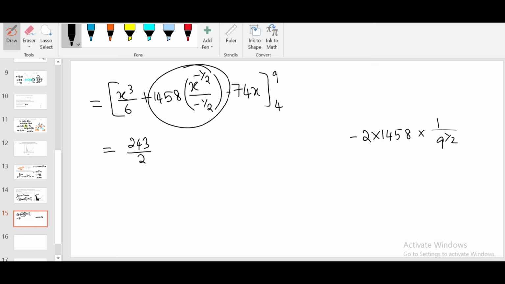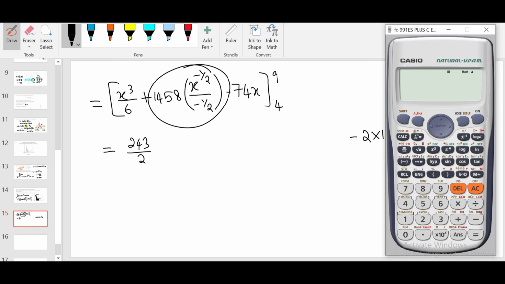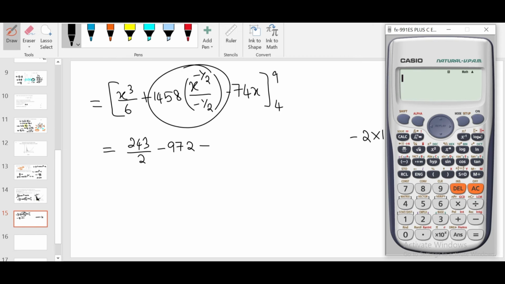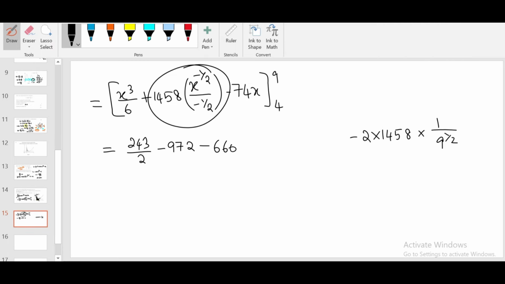So I'm going to calculate this. It's basically 2 times 1458 times 1 over 3, which is 972. Minus 74 times 9, 666. That's the upper limit, minus the lower limit.